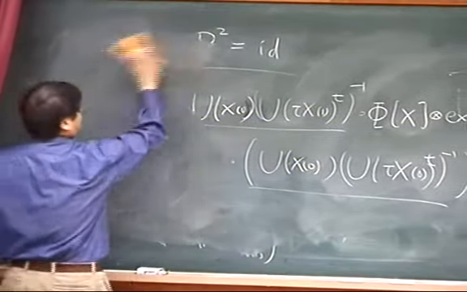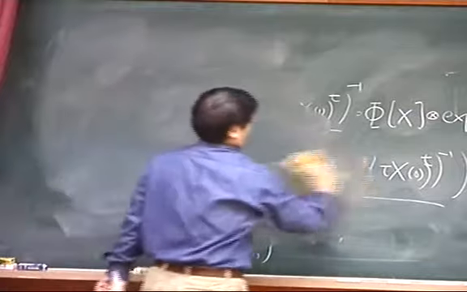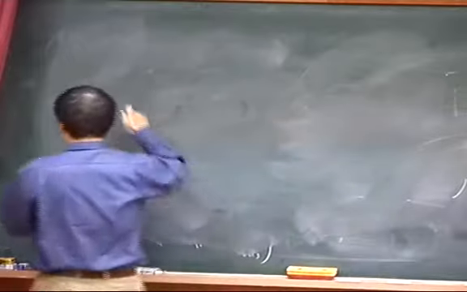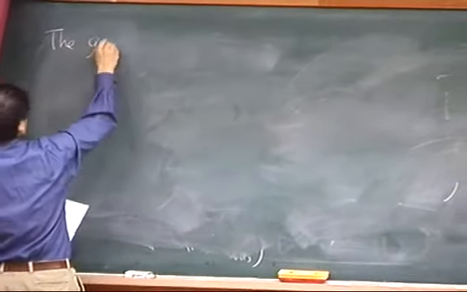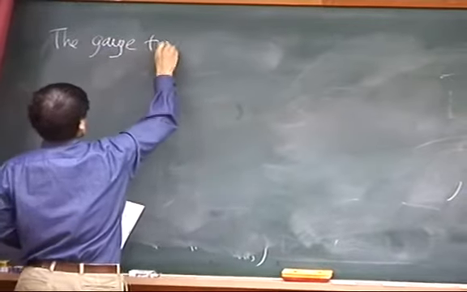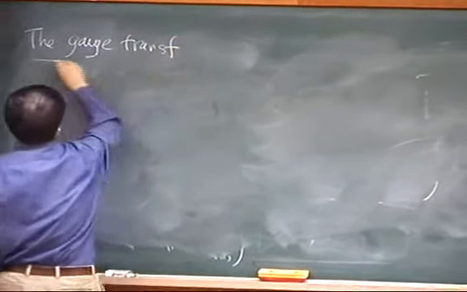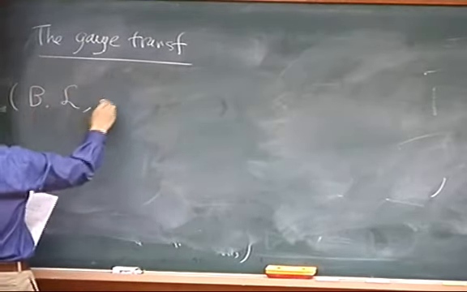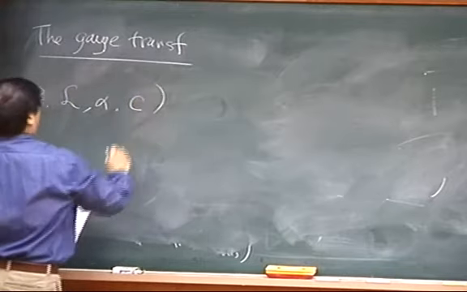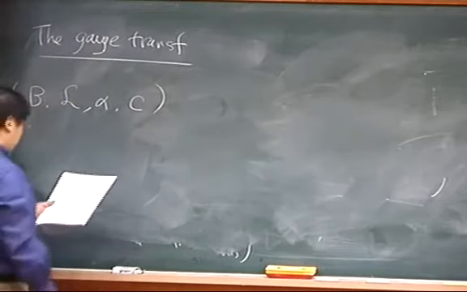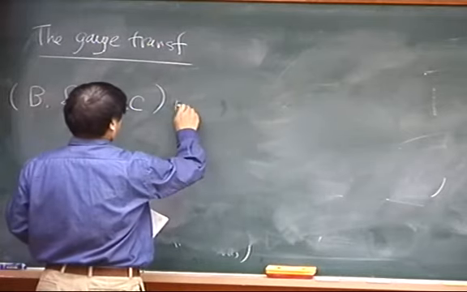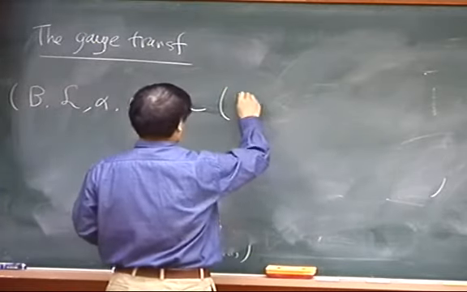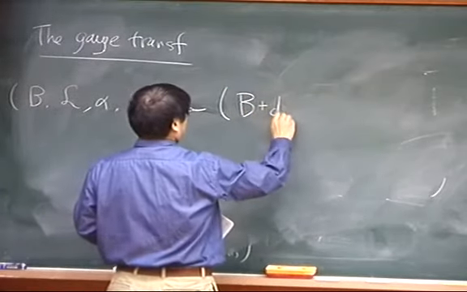So another thing I wanted to say is this gauge transformation that identifies the data. The data for the orientifold is B field, L, alpha, and C. And this may be identified with the so-called B field transformation, like this.